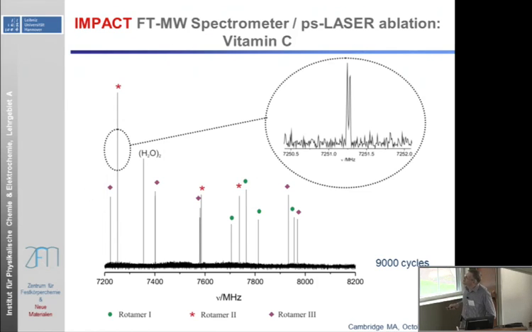And what we could see here doing laser ablation was vitamin C, again a 1 gigahertz spectrum. Three different rotamers, which are all present in this spectrum, and 9,000 cycles. This spectrum was taken.